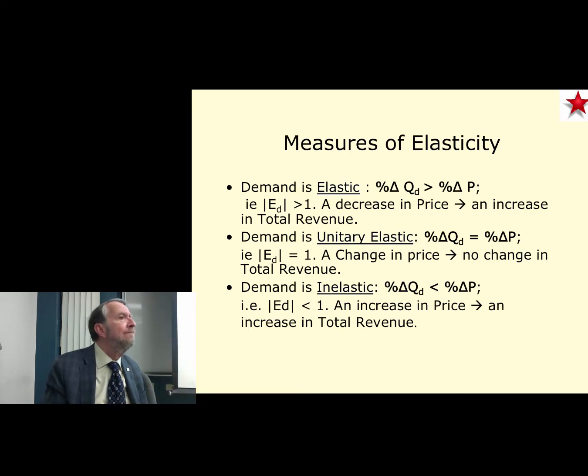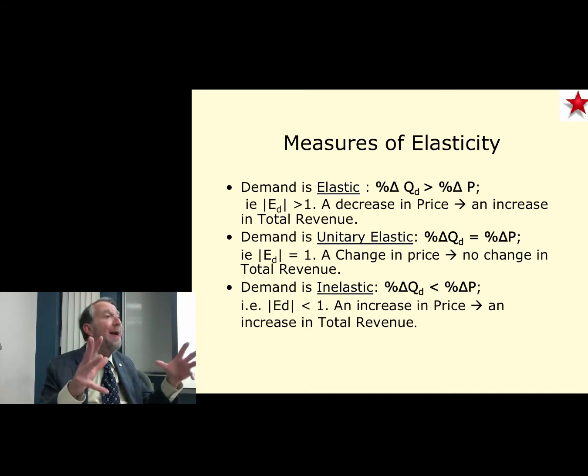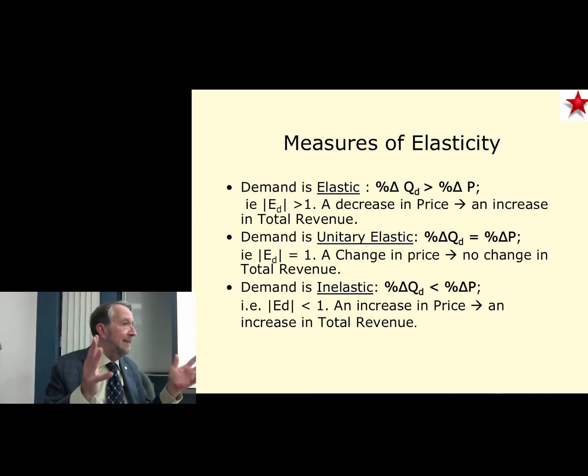So like gasoline, would that be inelastic? Yeah, right. No, it's great. I'm glad you brought it up because that's the exact example. The demand for gasoline as a product is very inelastic, right? You guys don't adjust much when you go in the gas station and the price has gone up, even by 50 cents or something like that.